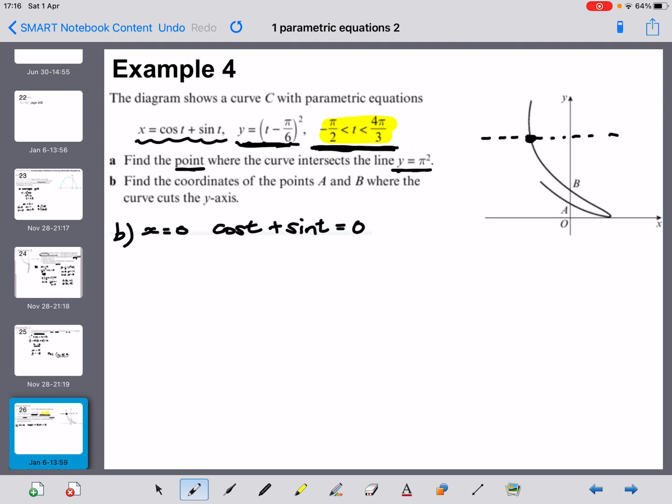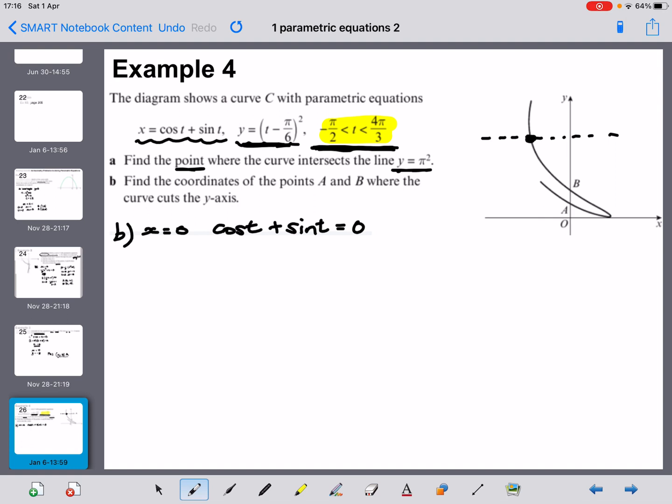So this is why this question is a bit more complicated, because we're now having to solve a trig equation. This is where this topic of parametrics has lots and lots of different things and skills involved. So we need to think about how we would normally solve that.